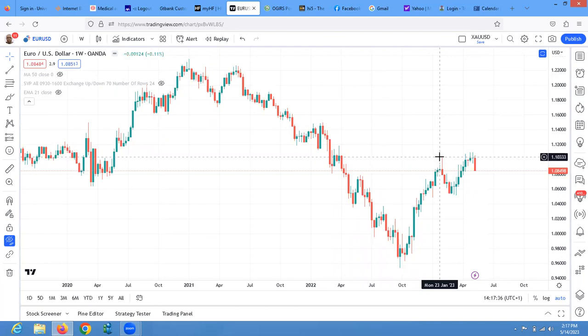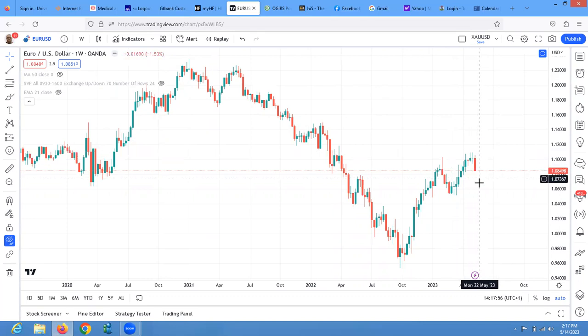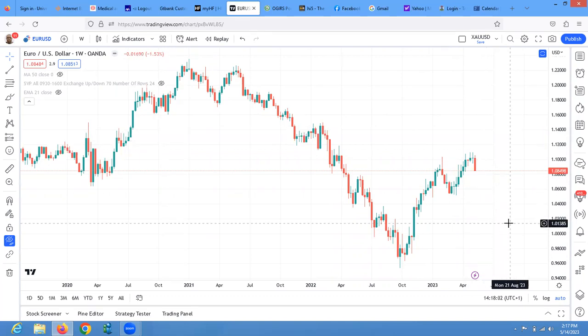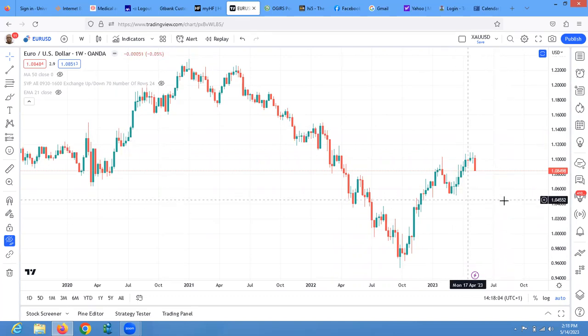So to be safe in terms of what we're looking at, I want to believe that this is an A, which is completed. I want to believe that this is just A of B. I want to do a B of B, to do a C of B before we do a C wave to the downside. Can we break the low here?